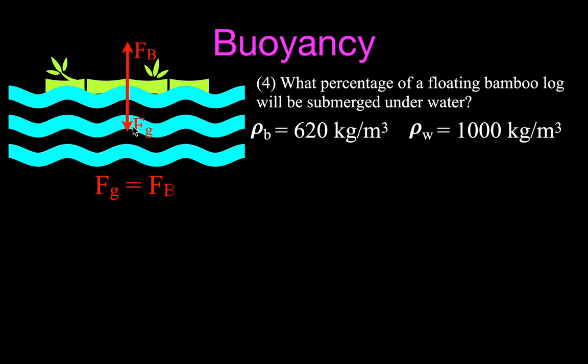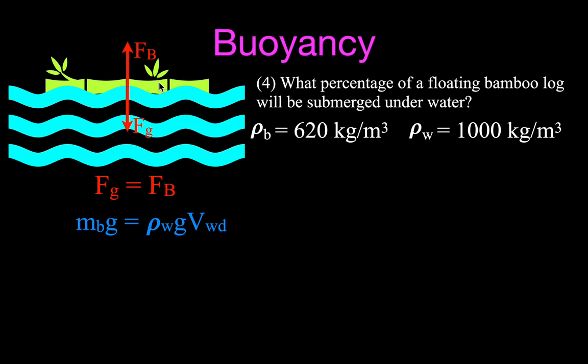Those two forces are equal to each other, the force of gravity and the buoyant force. The force of gravity is the mass of the bamboo times g, which is equal to the buoyant force, which is the density of water, because it's in water, times g times the volume of the water that is displaced. When something is floating, we use the volume of the water that's displaced. It's always the volume, but in this case, it's not completely submerged.